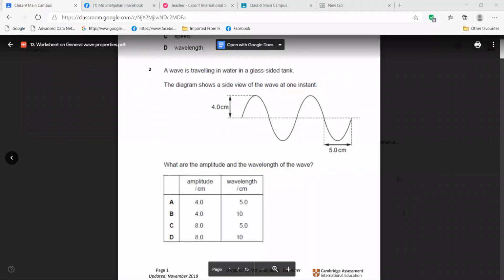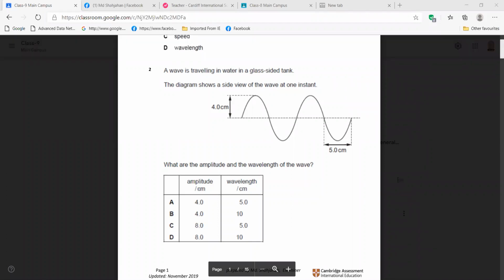Yeah, Qazi, you got it? No, sir. Are you trying? What is the definition of amplitude? I don't remember. I'm finding it in the copy. And also we uploaded the notes in Google Classroom. You download it and preserve it in your computer.